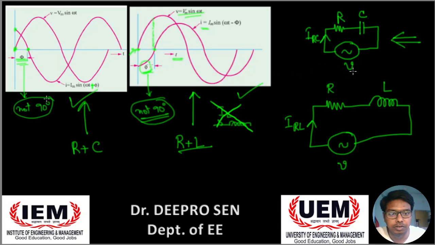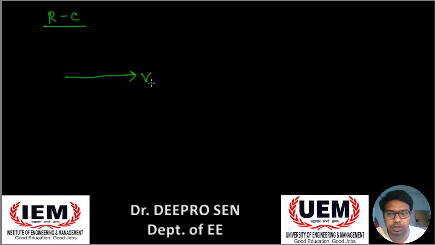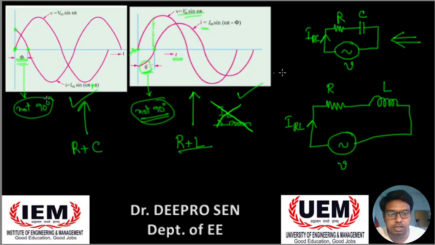You may be a little confused why we are using small v here but capital V here. As I've already told you many times in my previous videos, small v is the instantaneous voltage, because the voltage changes with respect to time sinusoidally, as you can see in both the graphs.